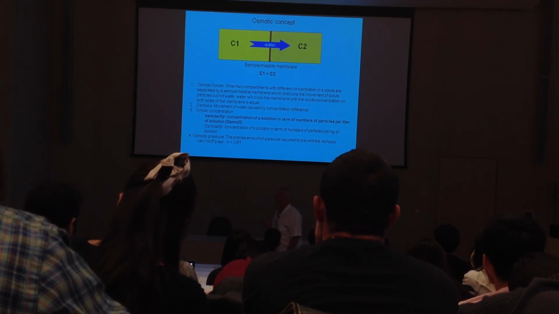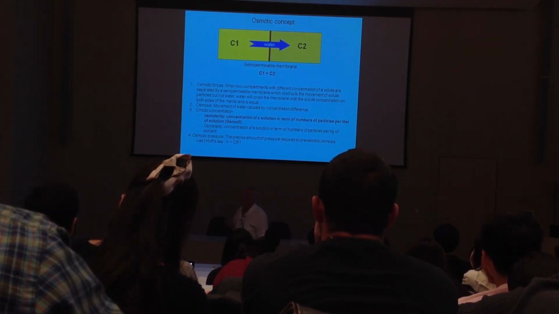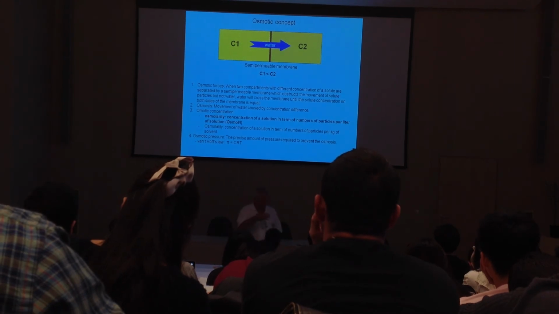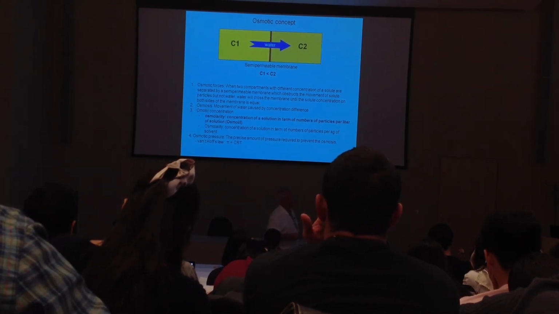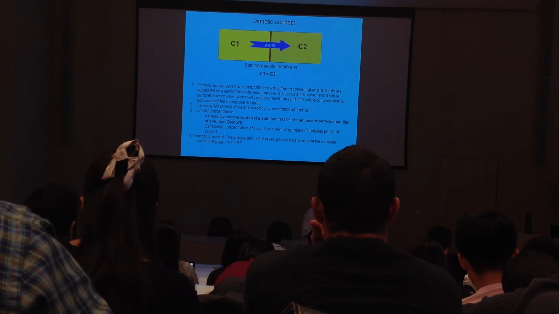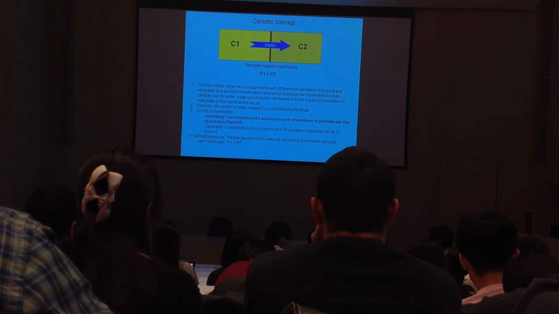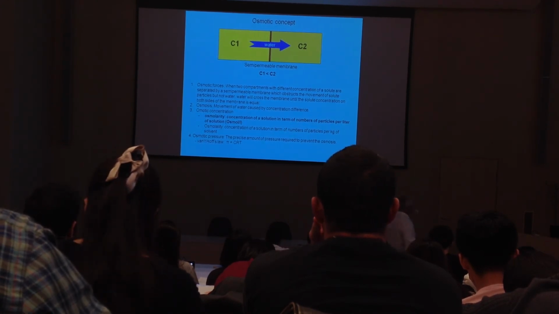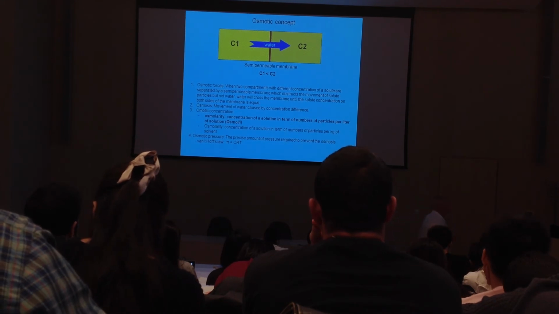This is the osmotic phenomenon. So when the substance cannot diffuse through the barrier, water is going to diffuse in order to equilibrate the concentration difference. That will have several unwanted consequences.